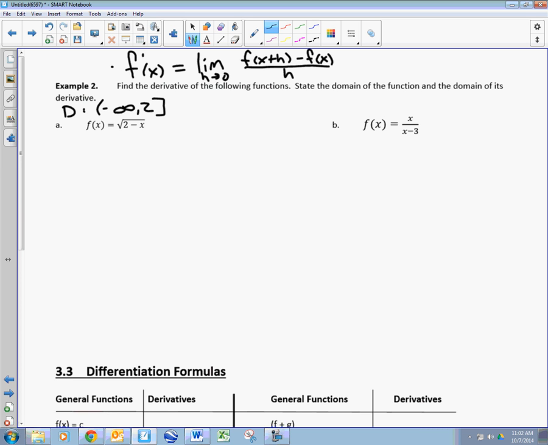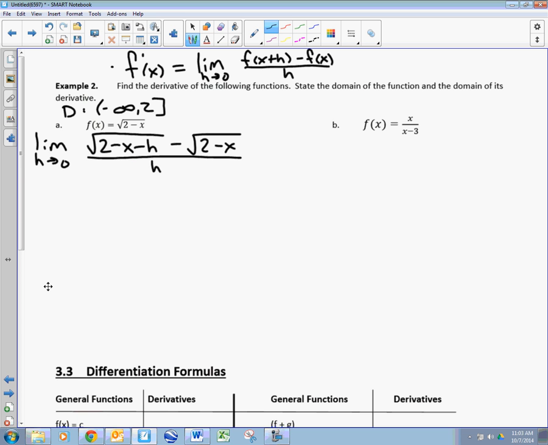And now we want to find the derivative. So I set it up. The limit as h goes to 0 of, what's f of x plus h? Yep, got to subtract the h because you got to distribute it through the x plus h. Minus, what is f of x? 2 minus x, all over h.